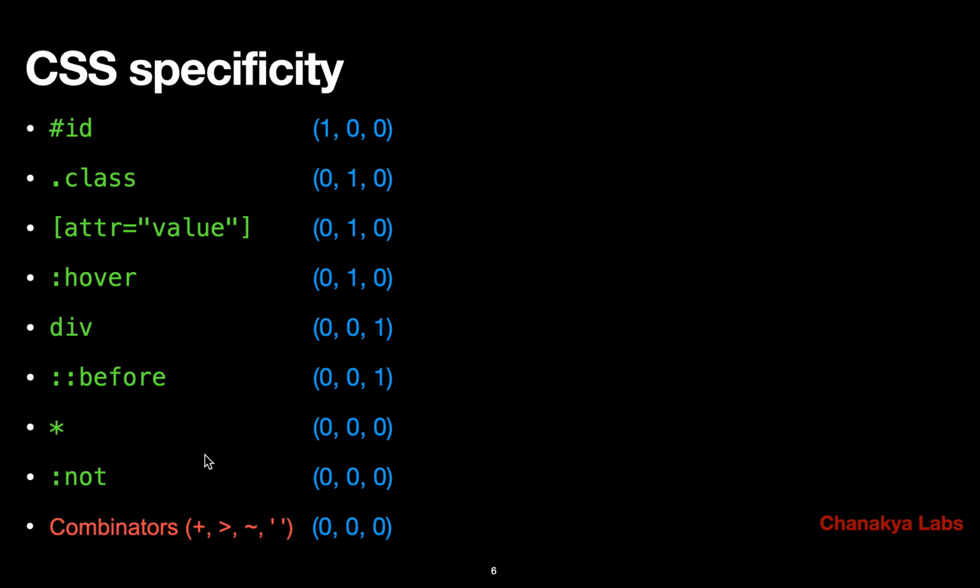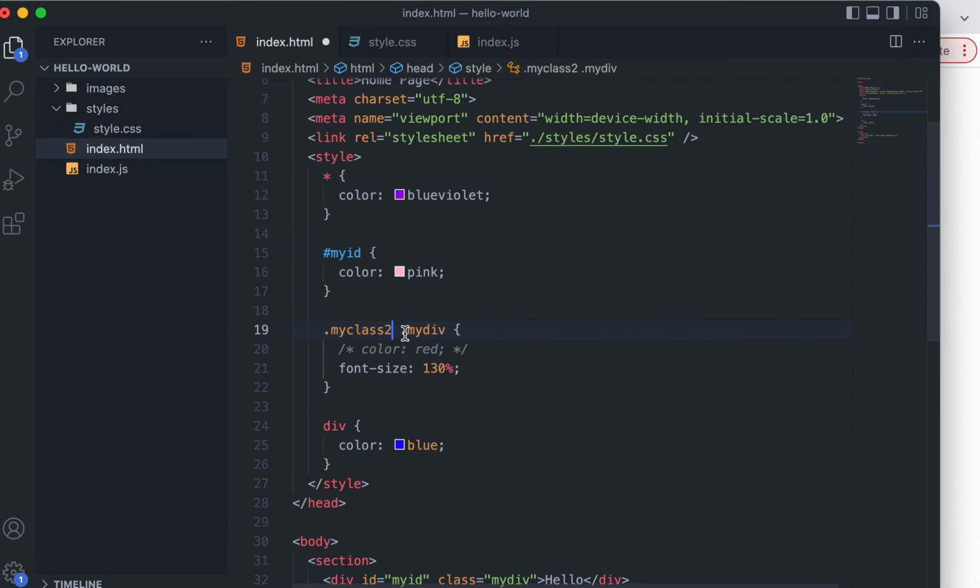And this is what I was saying, that if you have combinators, then these don't affect. So let's try that out. Let's say I have an arrow. In fact, the space earlier was also not affecting. Right now also if you see, it is still 020.